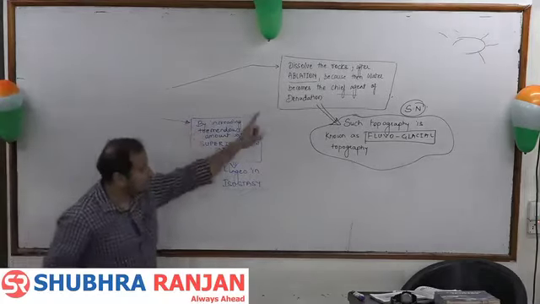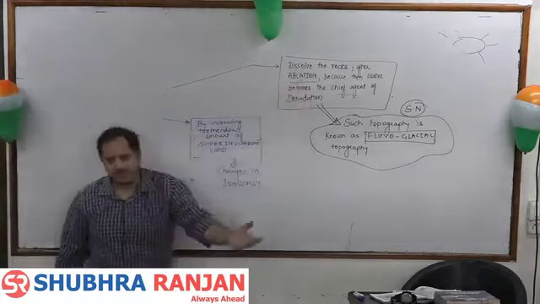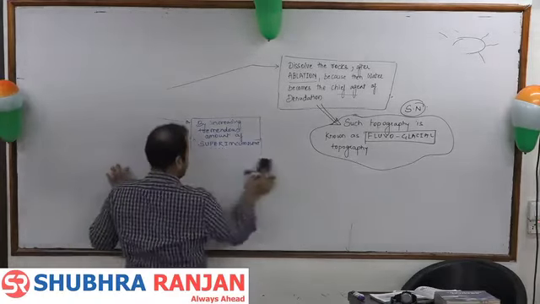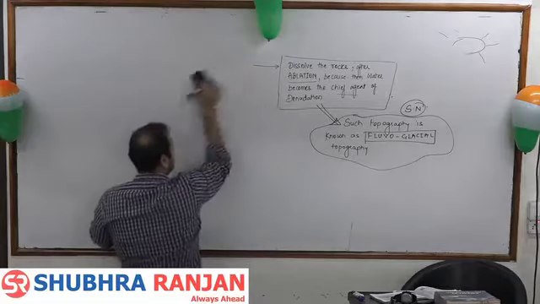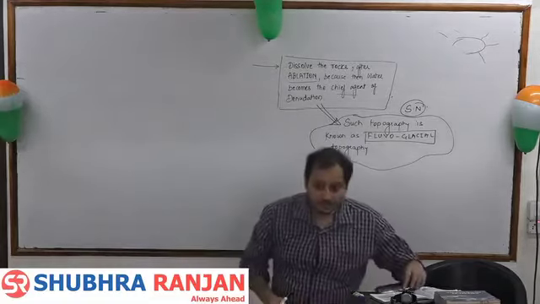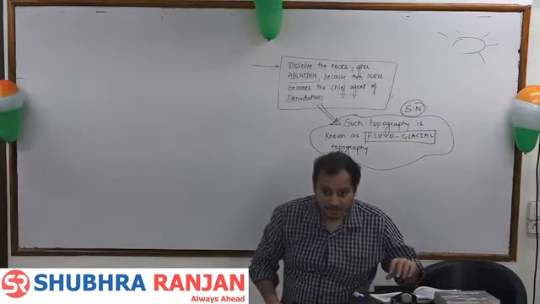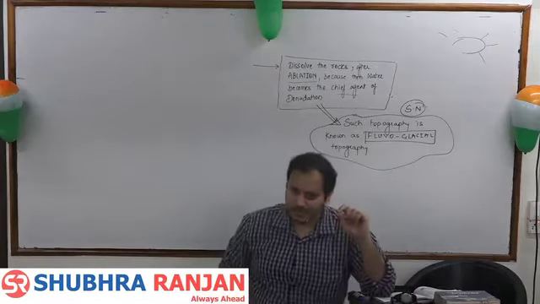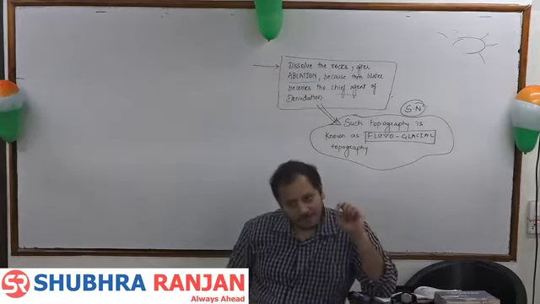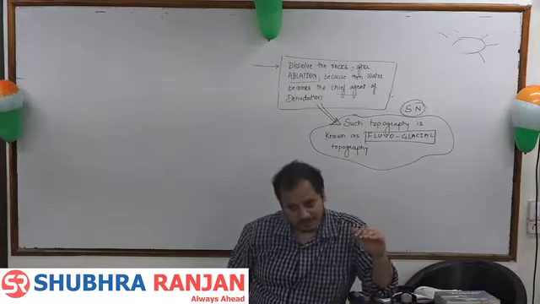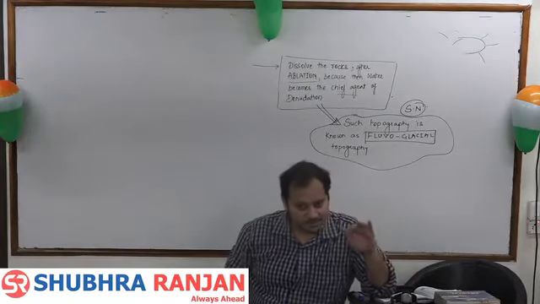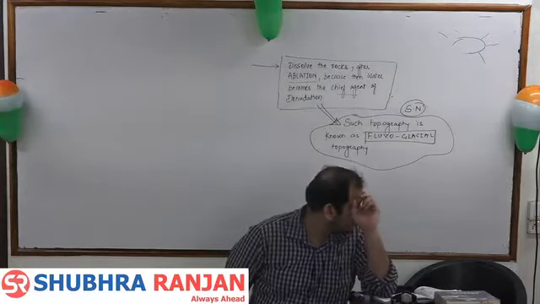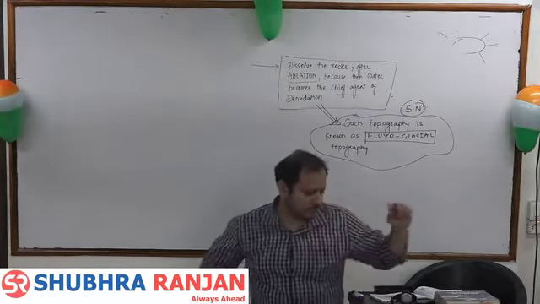Super incumbent load, ablation, retreat, advancement of the glaciers and fluvio-glacial topography. Change in the base level? Yes, yes. If the melting is there, then there will be increase in the sea level. If there is a freezing, then there will be decrease in the sea level. Fine? तो अच्छा ठीक है.